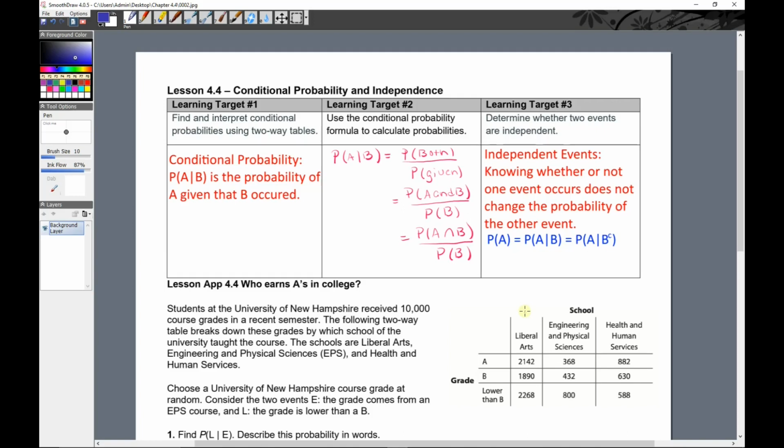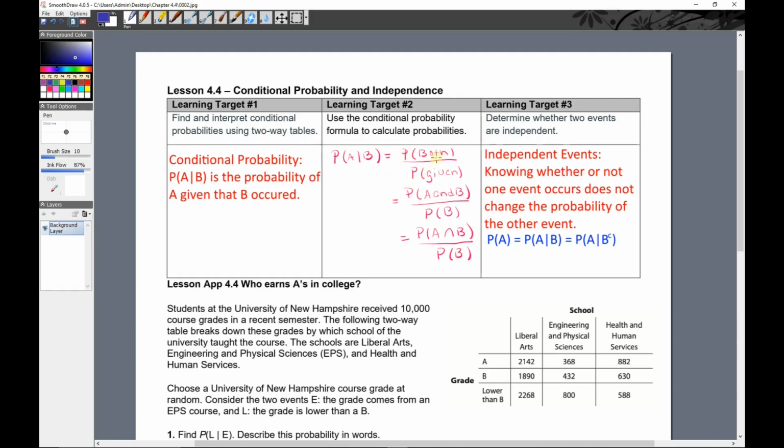And then learning target number 2 is to use conditional probabilities formulas to calculate probabilities. Remember on the front, we had the 6 out of 10, and I wrote that was the probability of both over the probability of the given. Well, here it is with the conditional. And it's listed 2 other ways which are equivalent, they're just written differently.